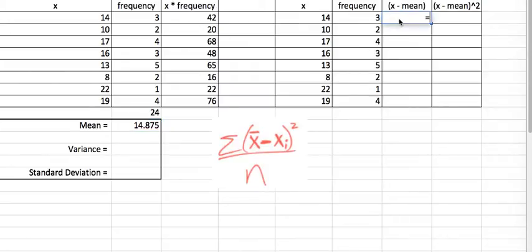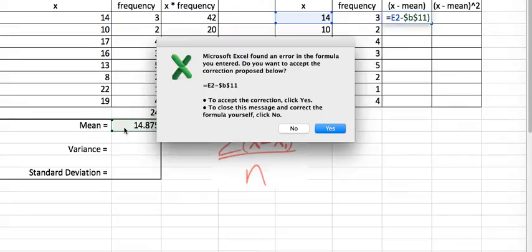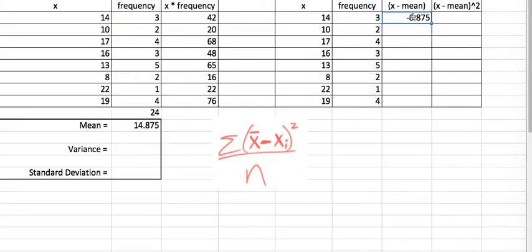So what we're actually going to do here is take this score and subtract the mean that I found over here. Now notice I haven't incorporated the frequency yet, all right? But there I subtracted 14 minus the mean, 10 minus the mean, 17 minus the mean, and so on. Then I'm going to square each of those.